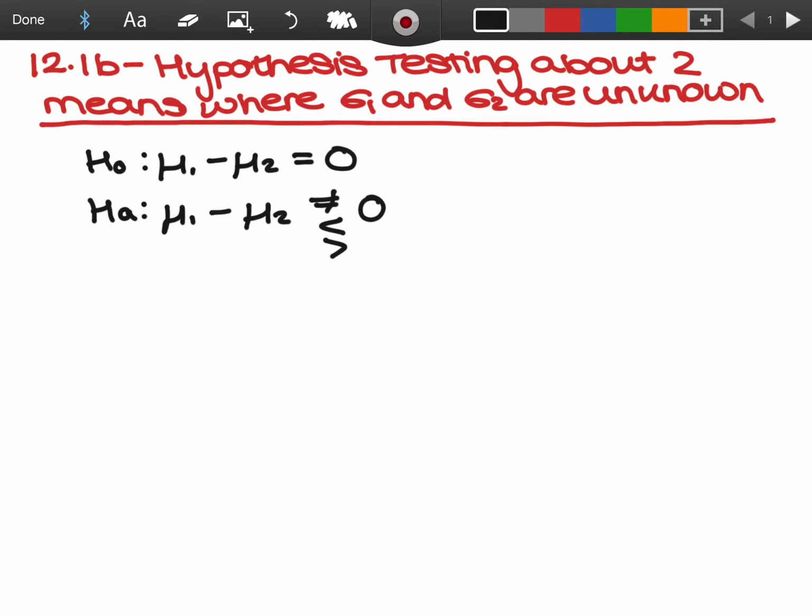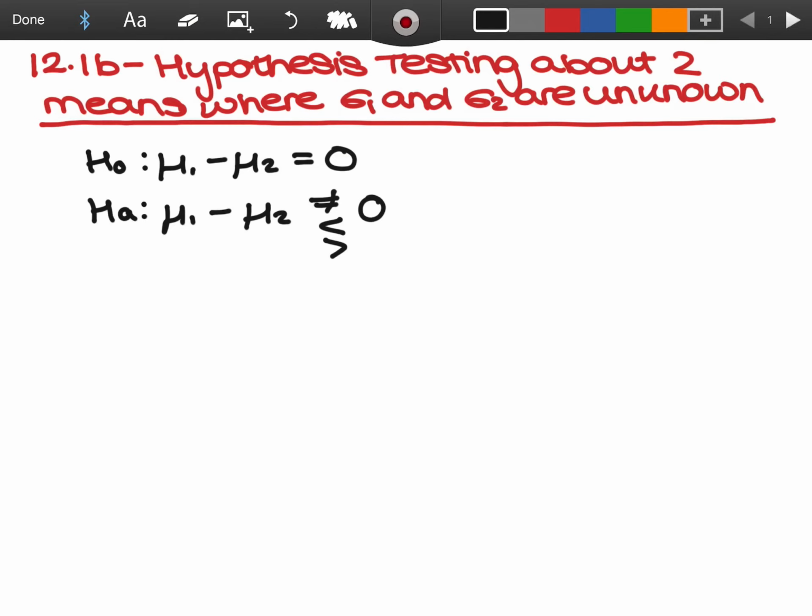Okay, so you need to roughly know how the data in each population is spread out. Because you may have one that is really spread out and one that is all bunched together. And that's going to change what happens with your population means.